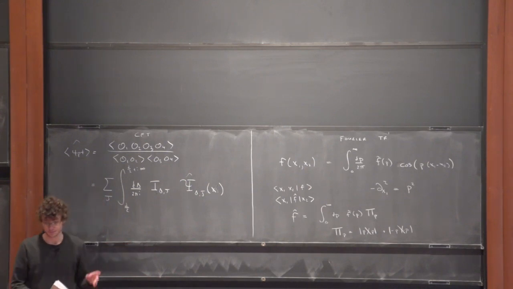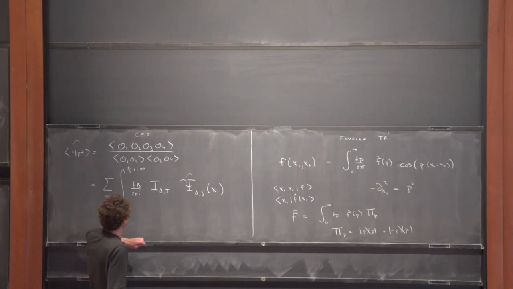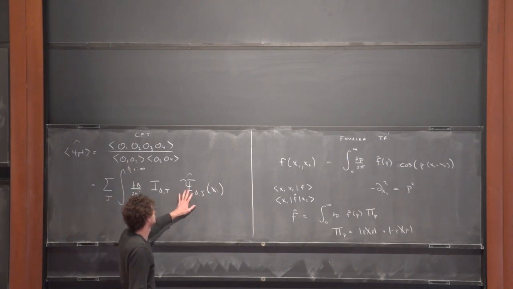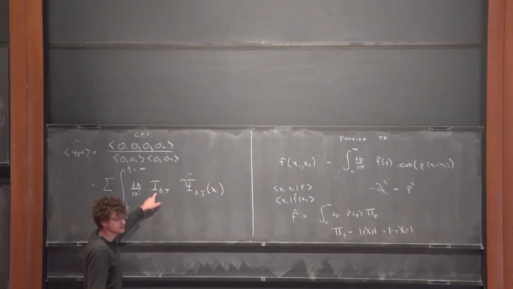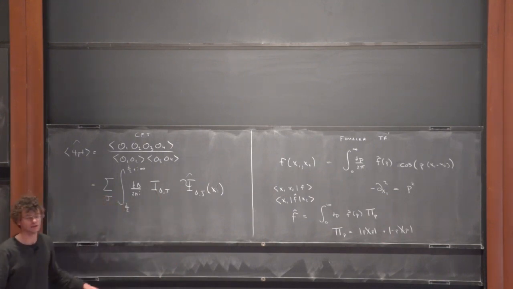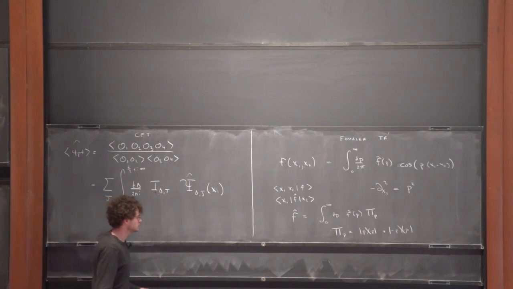So if we think about it in that way, then what we're doing is we are diagonalizing this operator. We're expressing it in terms of a sum of orthogonal projection operators. And from that perspective, this coefficient here isn't the expansion coefficient in the basis of functions, it's the eigenvalue of the 4-point function. So we think about the 4-point function as an operator, then these guys are its eigenvalues.